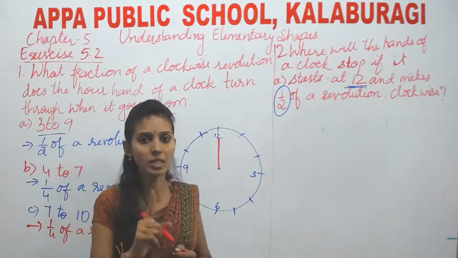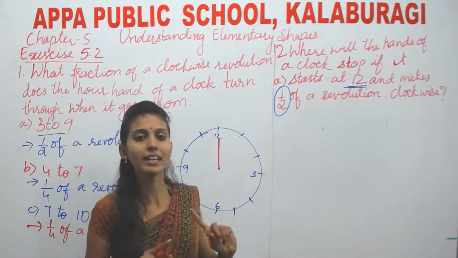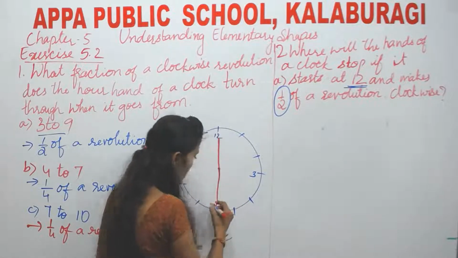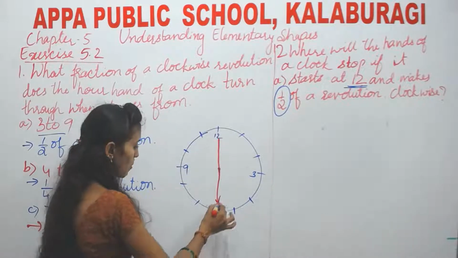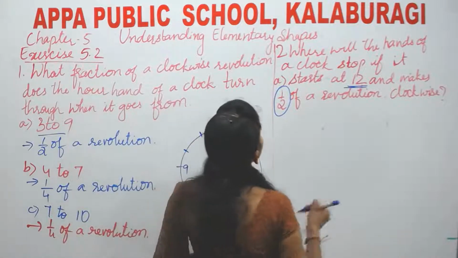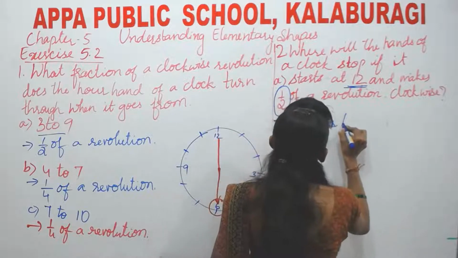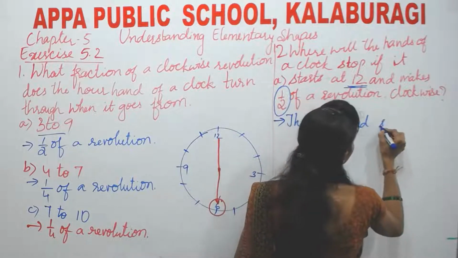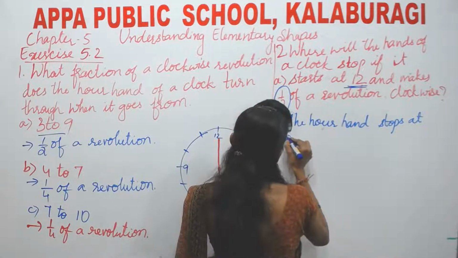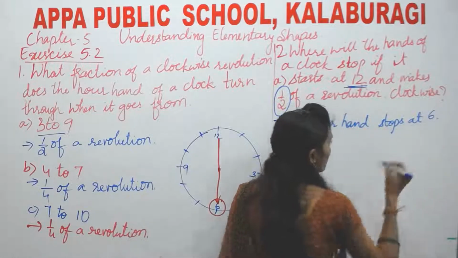Right angle means 1/4, one right angle 1/4, two right angles half. Two right angle is nothing but straight angle, right? So half of revolution. So where it will stop? It will stop at 6, right? So come on, let us write it. The hour hand stops at 6. Okay, I'll write the 6 here only.